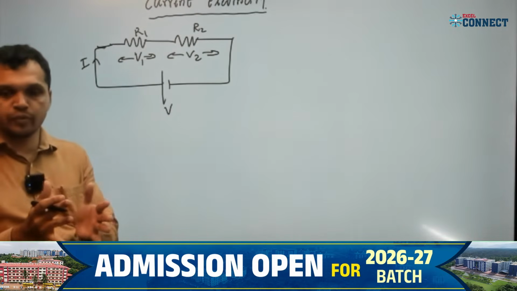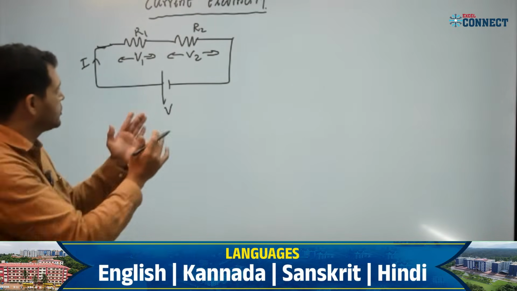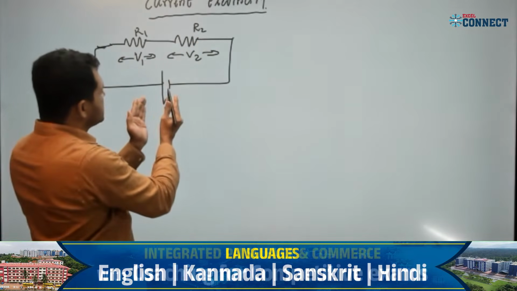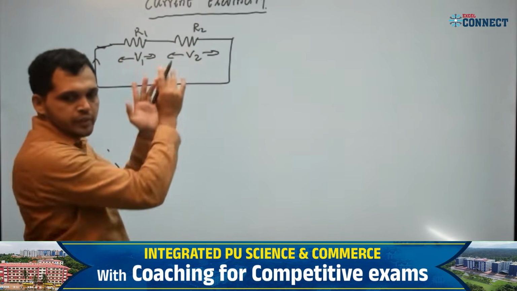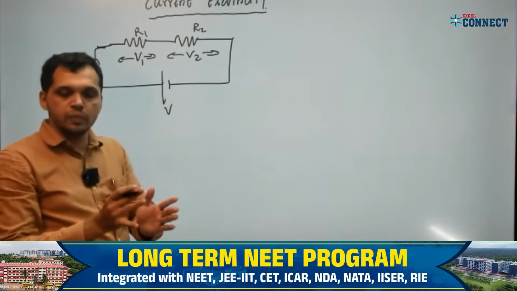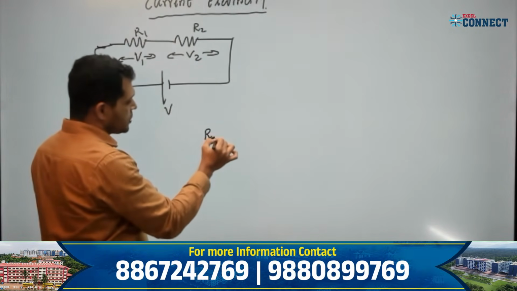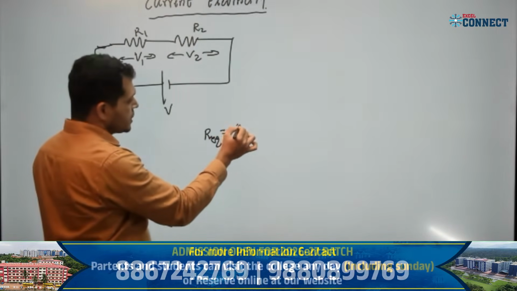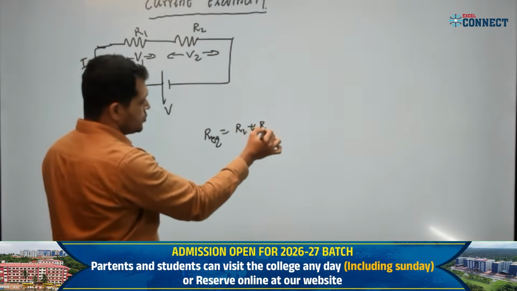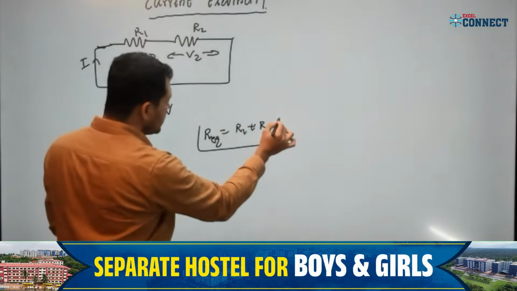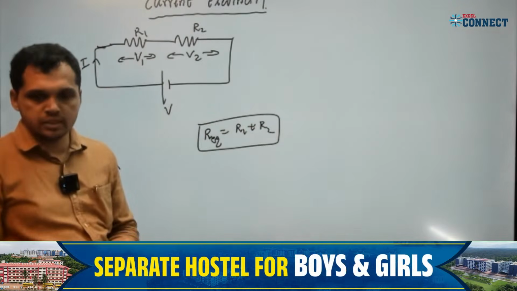The net potential difference is V equal to V1 plus V2. From this, we got the equivalent resistance R equivalent is R1 plus R2 when two resistors are in series.